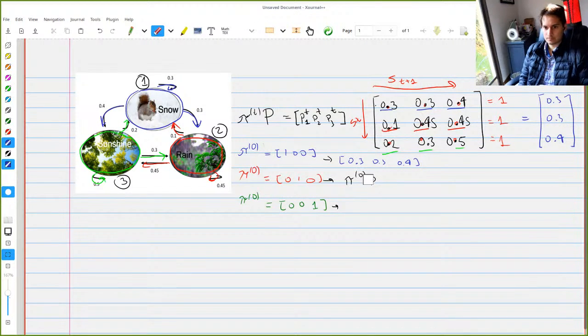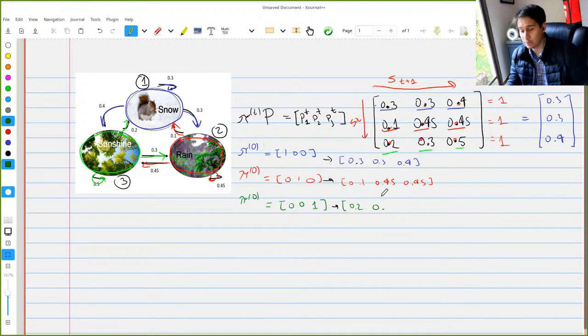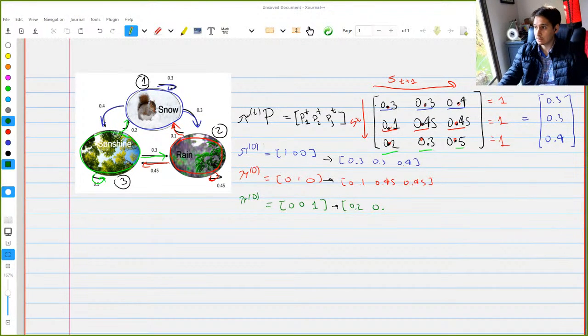Here will give us 0.1, 0.45, 0.45, and here gives us 0.2, 0.3, and 0.5.